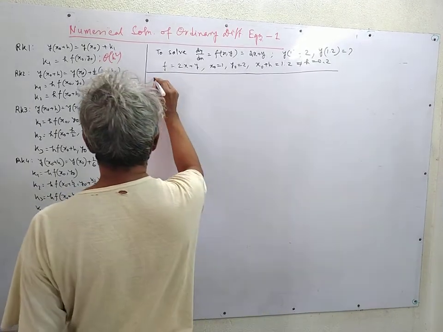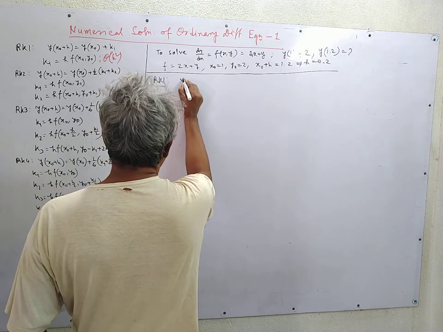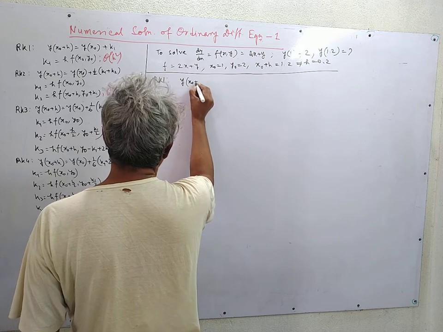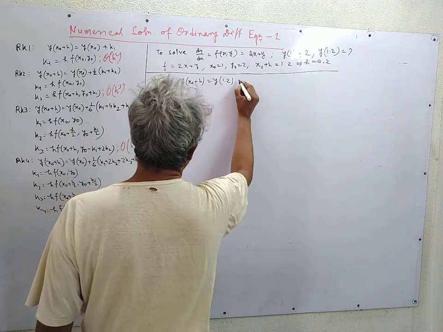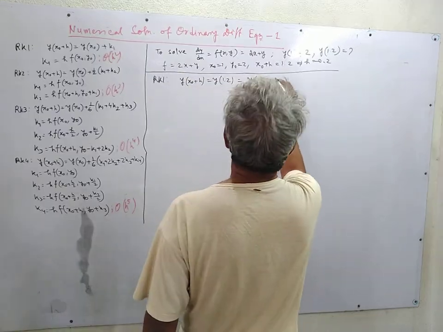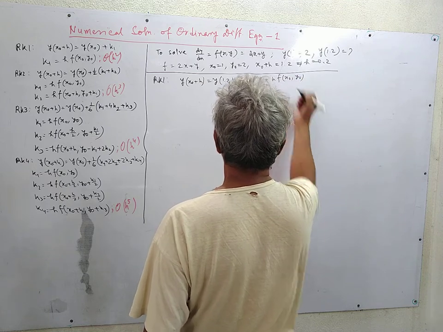In RK1, y at x0 plus h, that is y at 1.2, is equal to y at 1 plus h f of x0, y0.